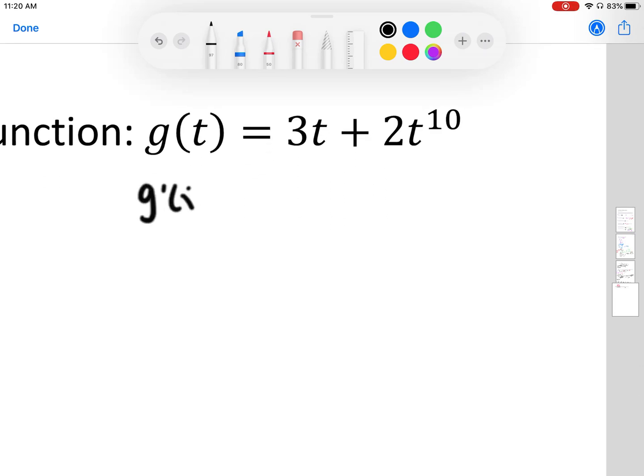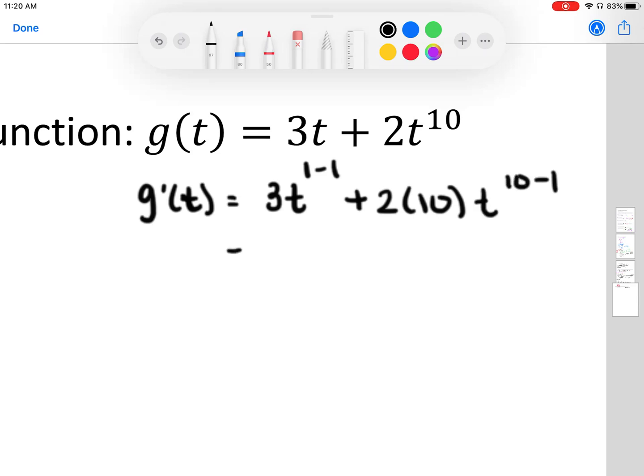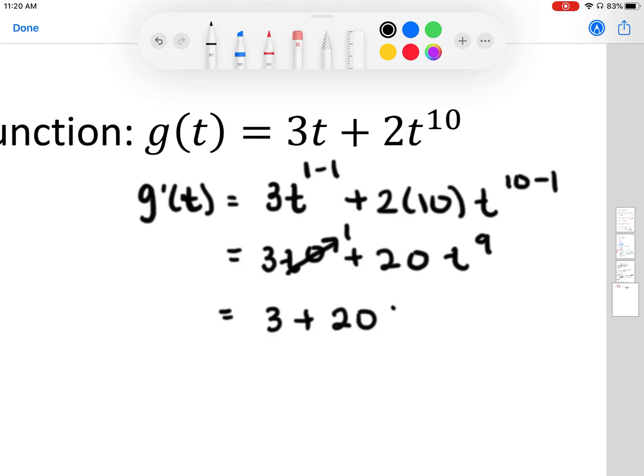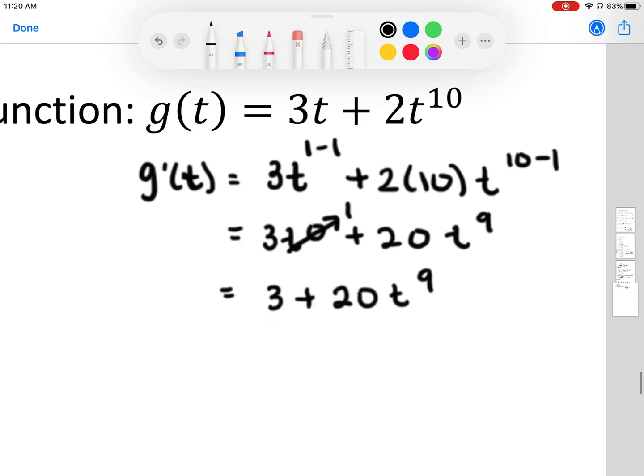G prime of t is, well, we have 3, and then we take the exponent of that, so it's 1 minus 1. And then we have 2 times 10, and then we have 10 minus 1. So we have 3t to the 0 power plus 20t raised to the 9th power. That's just 1. So we're left with 3 plus 20t to the 9th power.